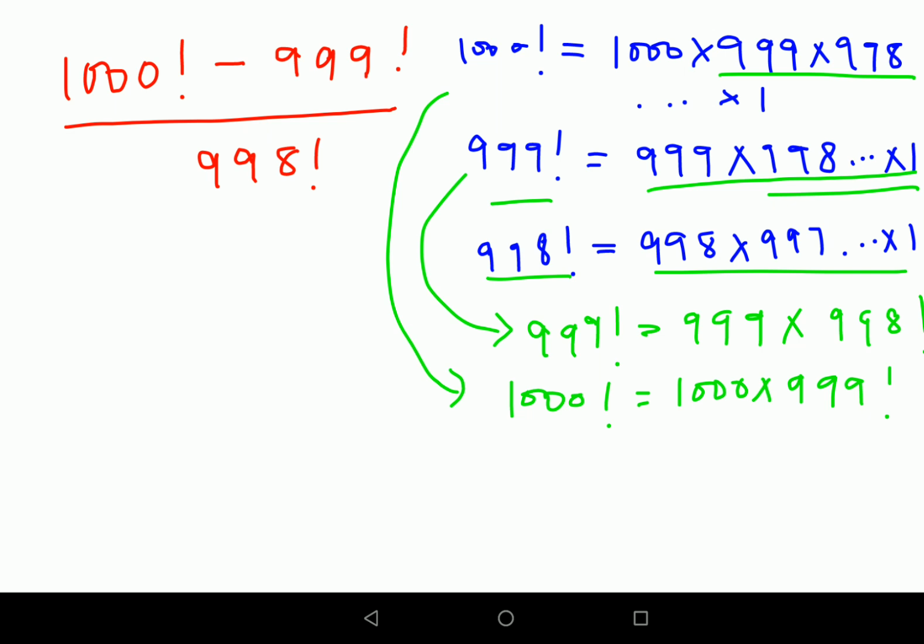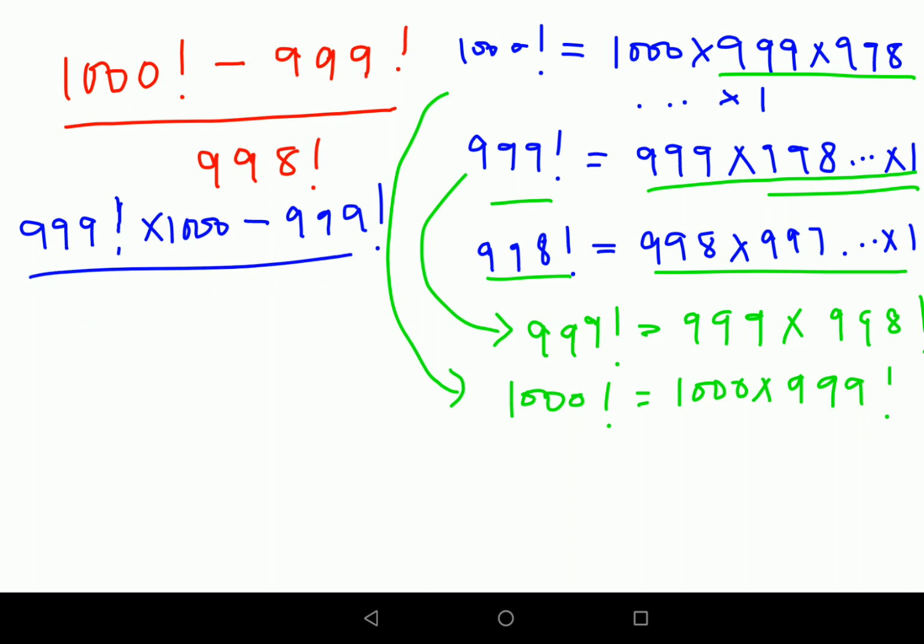So now let's put all of these simplifications in our question. Instead of 1000 factorial, I write 999 factorial into 1000 minus 999 factorial upon 998 factorial. So what I can do is take 999 factorial common.